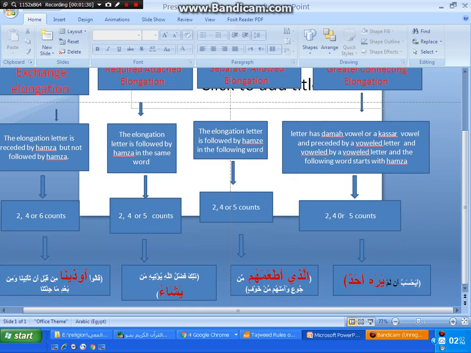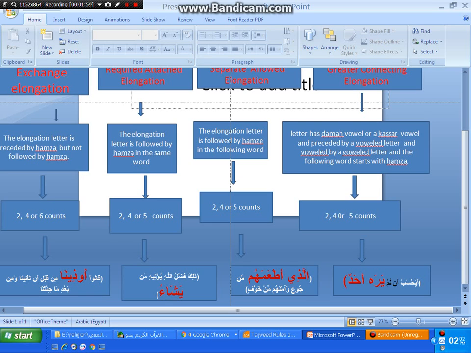For example, look at this ayah: قالوا أوذينا من قبل أن تأتينا ومن بعد ما جئتنا. If you look at the word in red, أوذينا, you will find the lengthening letter, which is waw, is preceded by Hamzah. So it is permissible to lengthen it by 2 harakas or 4 or 6.